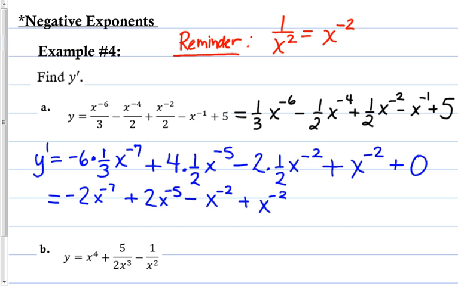Oh, I did. This negative 2, I was supposed to subtract 1, making it a 3. My bad. So, I'm done. Nothing else to do. They're negative, but it's the same process.